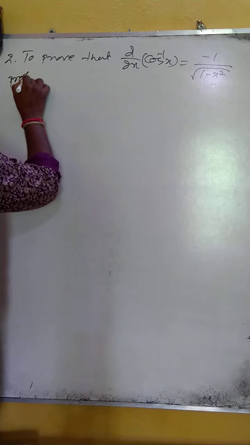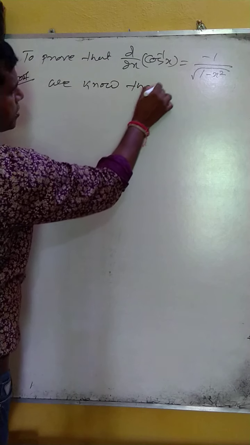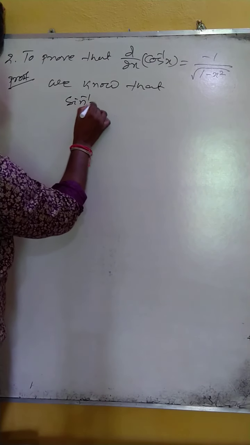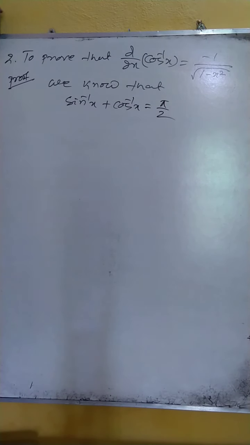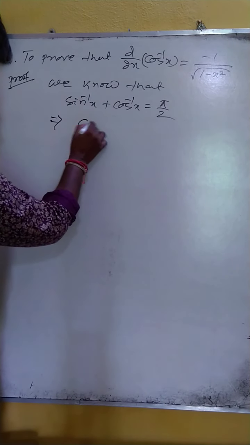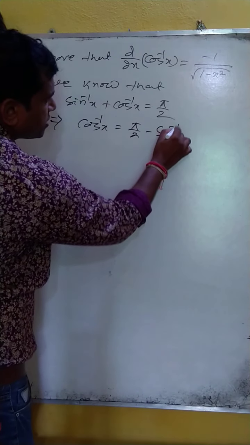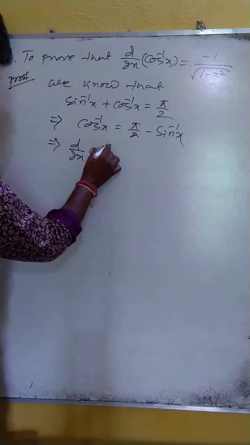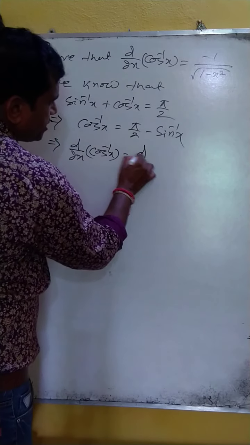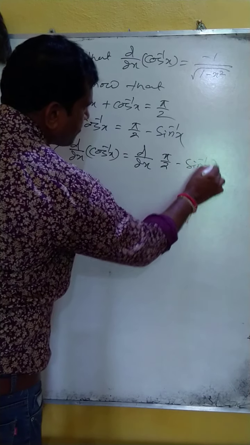Look, we know that sin inverse x plus cos inverse x is equal to pi by 2 in inverse trigonometry. That implies cos inverse x is equal to pi by 2 minus sin inverse x. That implies d by dx of cos inverse x is equal to d by dx of pi by 2 minus sin inverse x. Okay.